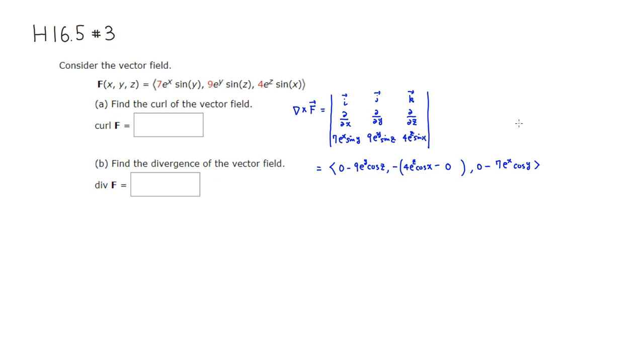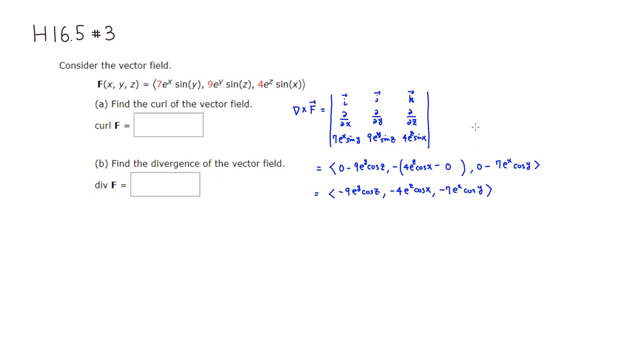If you clean it up, you have negative 9 e to the y cosine of z, negative 4 e to the z cosine of x, negative 7 e to the x cosine of y.